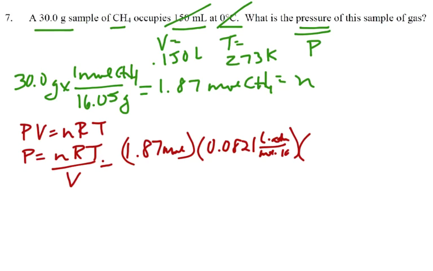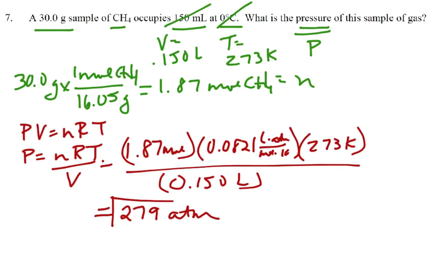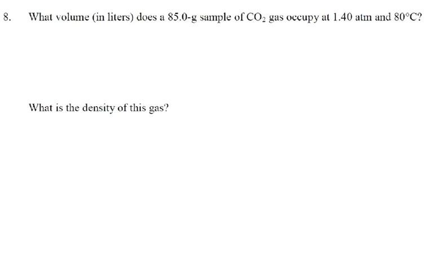The temperature 273 Kelvin, and the volume is 0.150 liters. When we get all done, we get a value here of 279 atmospheres. And that's problem 7. Problem 8.